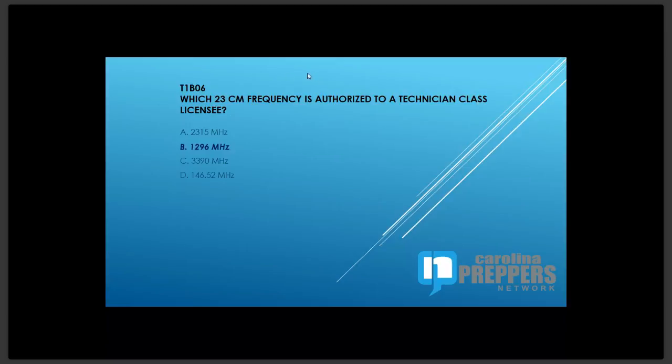And a lot of times 1.3 gigahertz is what they refer to it as. Here they're breaking it down into megahertz for you, but 1,000 megahertz is 1 gigahertz. 1,000 kilohertz is 1 megahertz.